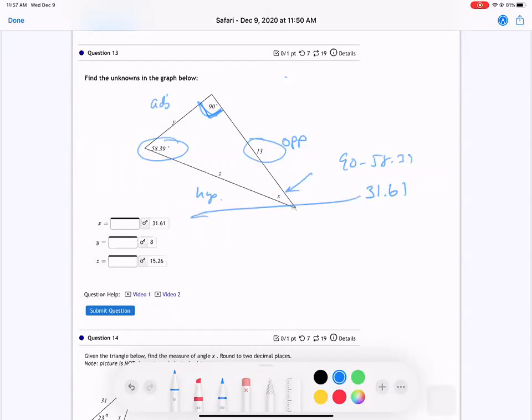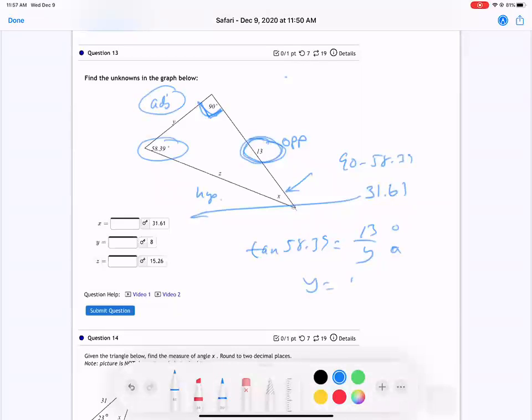That's my x. How do I find the other two sides? Well, since we have the opposite, and let's see, what's opposite adjacent? Opposite adjacent is tangent. Tangent of 58.39 is equal to 13 over y. That's the setup, because we're looking for the opposite and the adjacent.